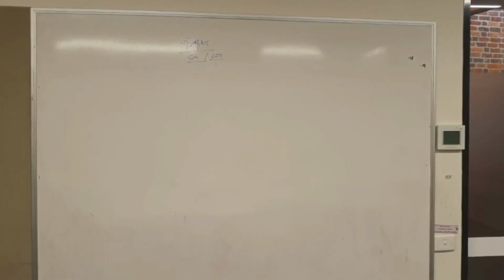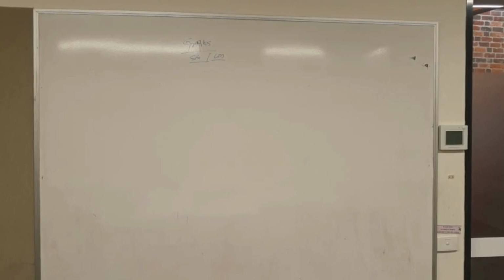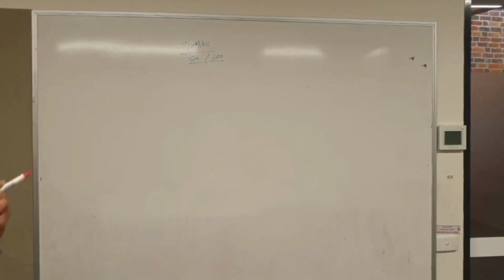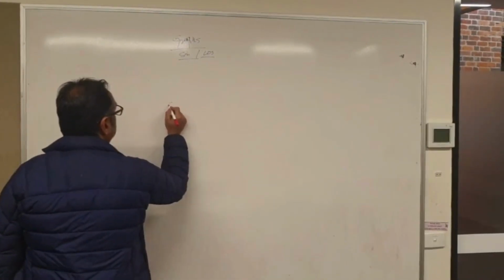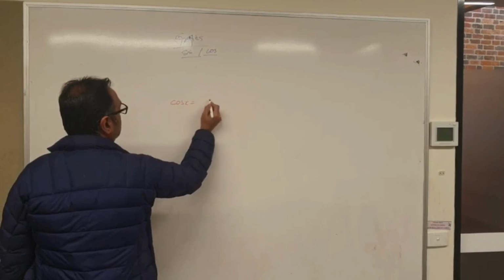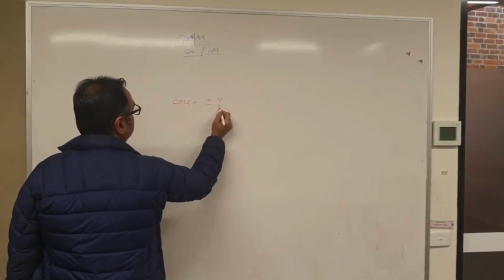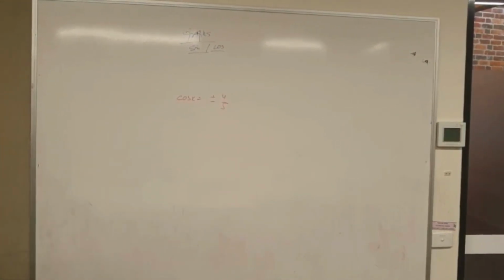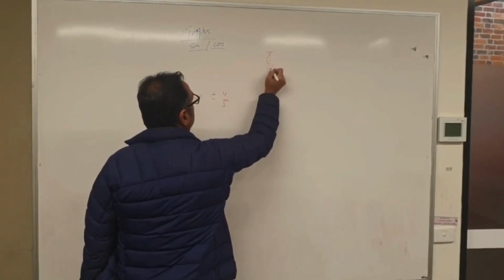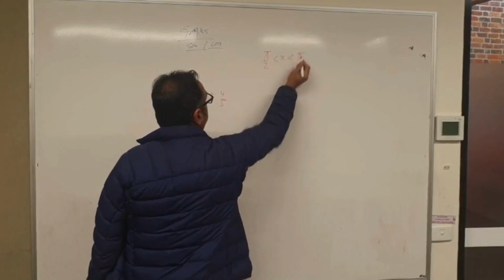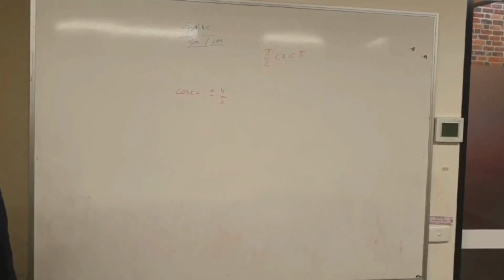Why is it negative again? Now it's 4 over 5. Why did we say it's negative? In that question, I had cos x equals plus or minus 4 over 5. Correct? Now, I had given the domain to be pi by 2 to pi. Which quadrant is this?